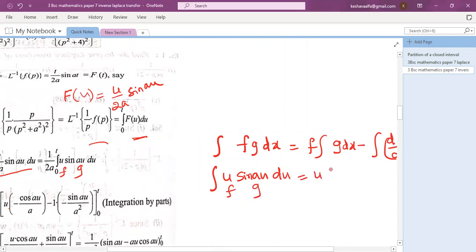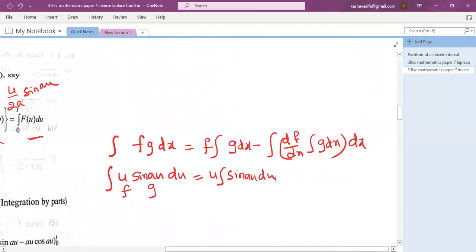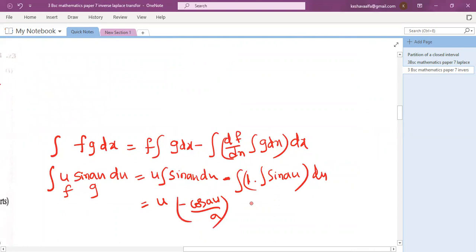That is u into integral sin a u du, minus integral du by du is 1, integral sin a u whole du, which is equal to u. What is the integration of sin a u? Integral of sin a u is minus cos a u by a.